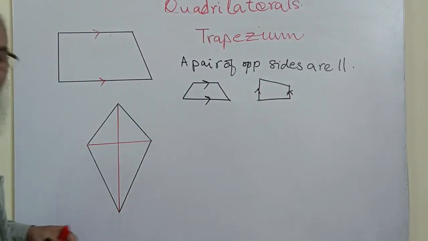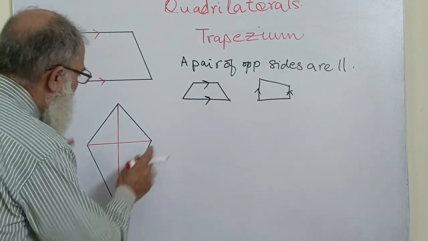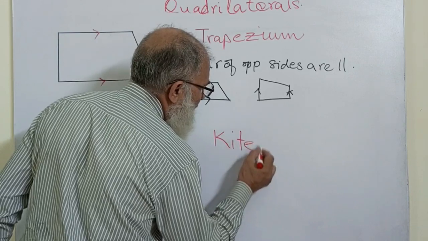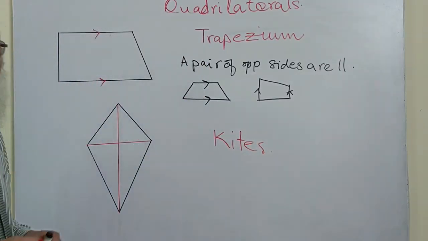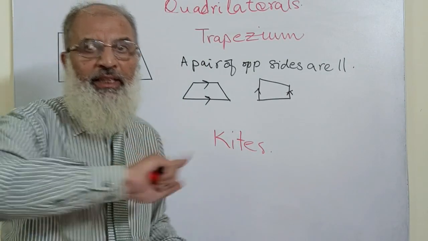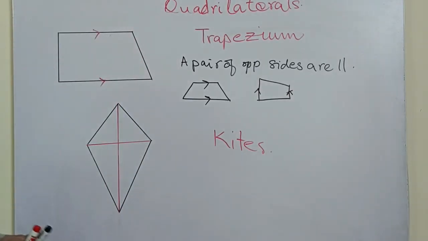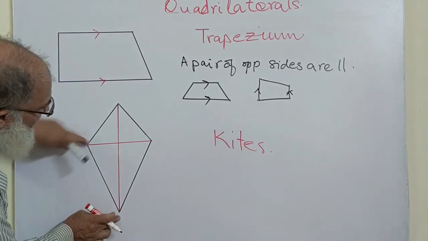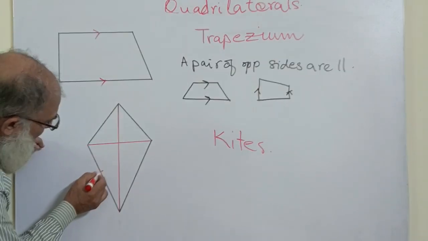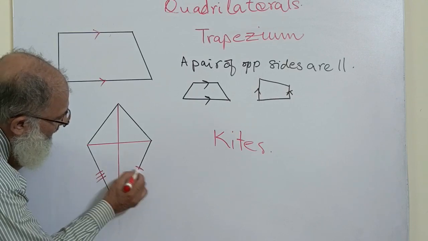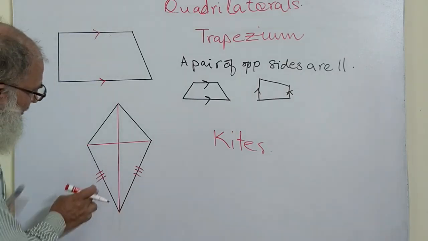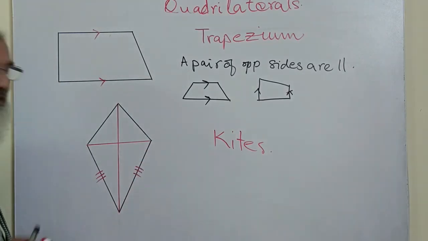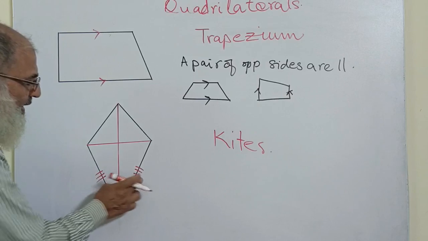Now the final of our shapes, you must have known this thing, it is kite, and some of my students are very fond of flying kites. Now what are its unique properties? That this side is equal to this side. Now I can put 2 or 3 lines to indicate that these two adjacent sides are equal.